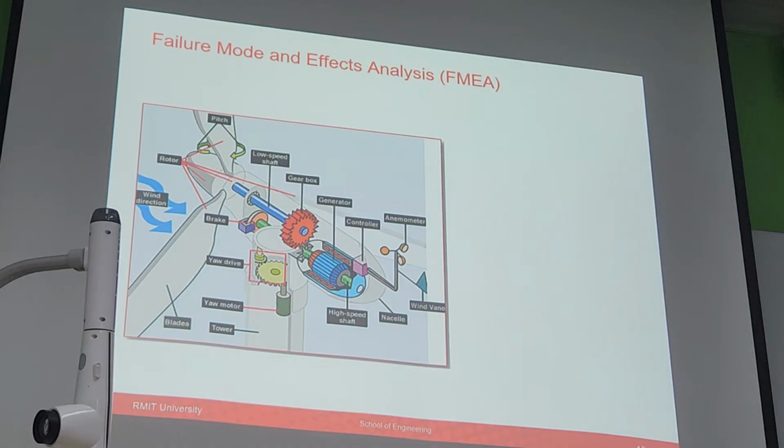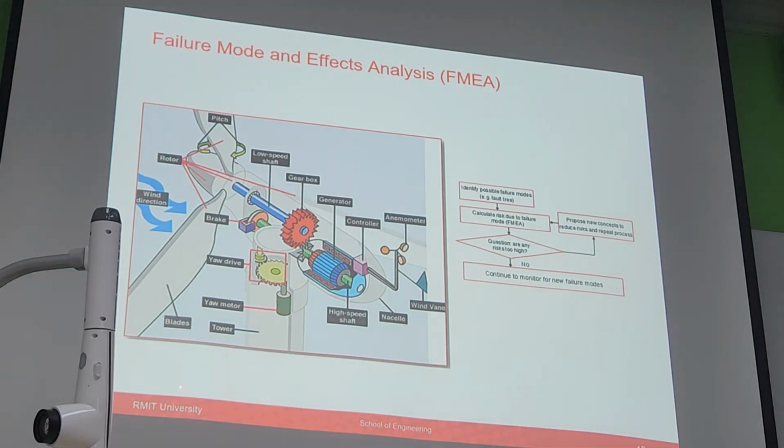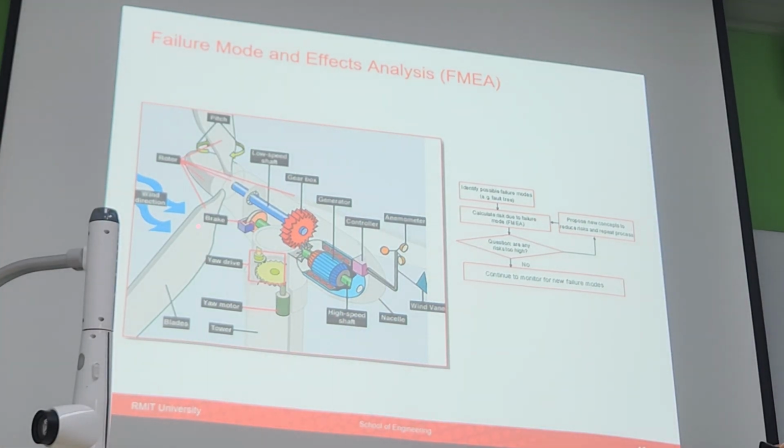Look at this, it is a very good example for FMEA. As you can see, what is this? Windmill. This is the turbine for renewable energy, and it works based on the wind.